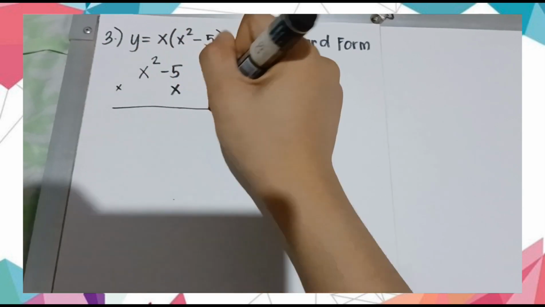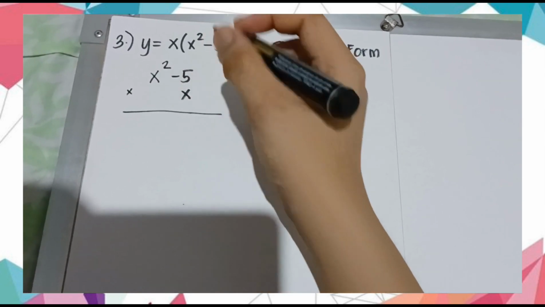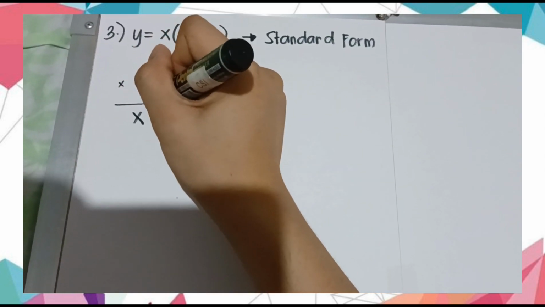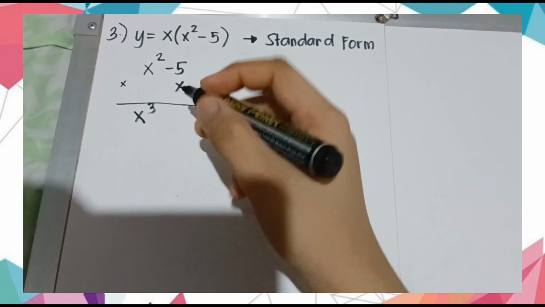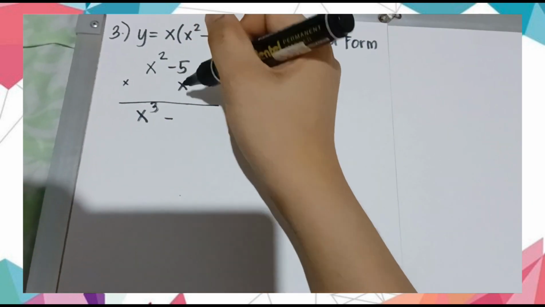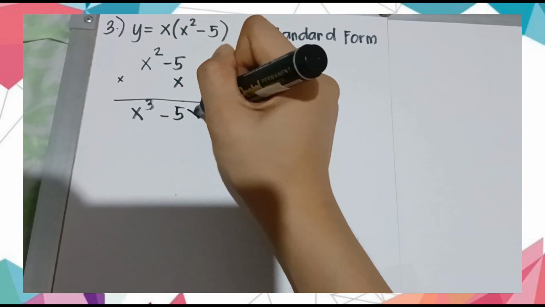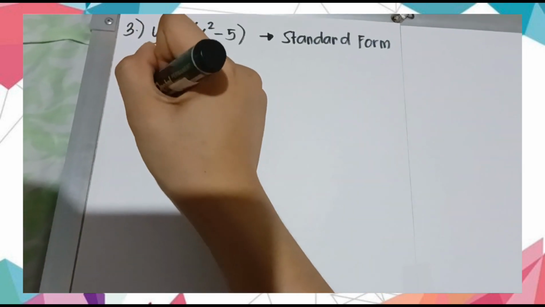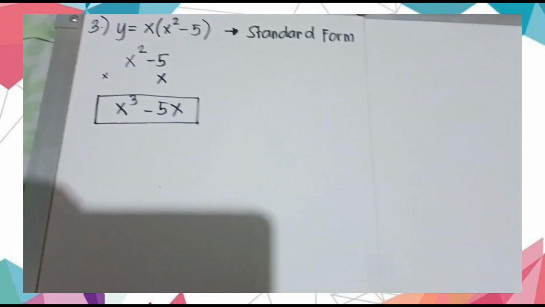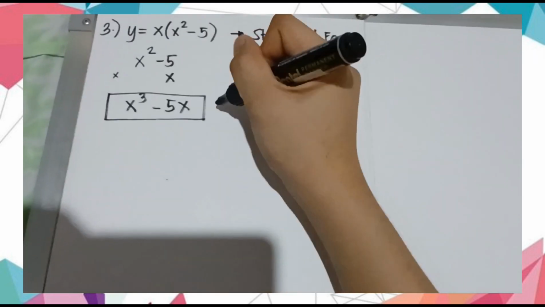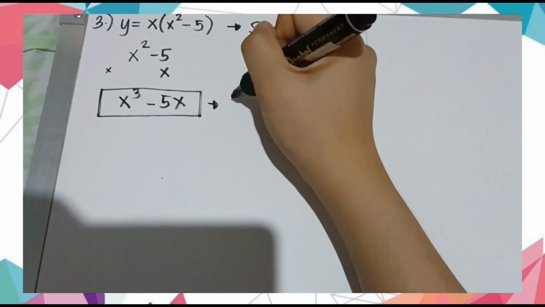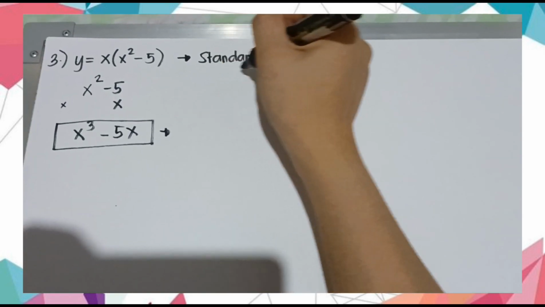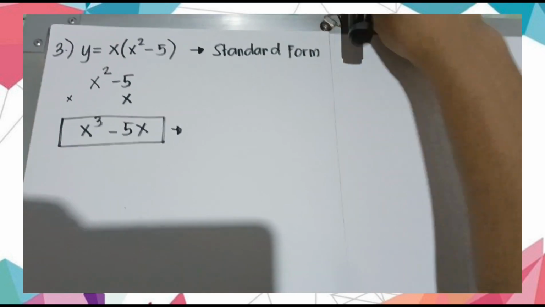In finding the standard form of this polynomial, we need to multiply x squared times x, so it becomes x cubed, minus 5 times x, or negative 5x. So the standard form of y is equal to x times the quantity x squared minus 5 is x cubed minus 5x.